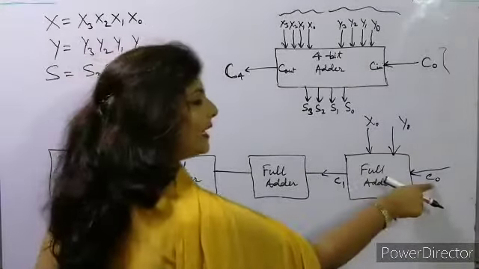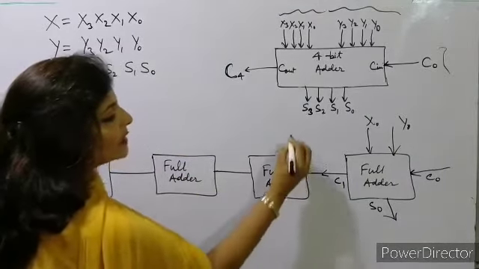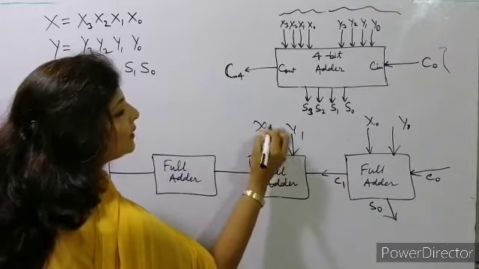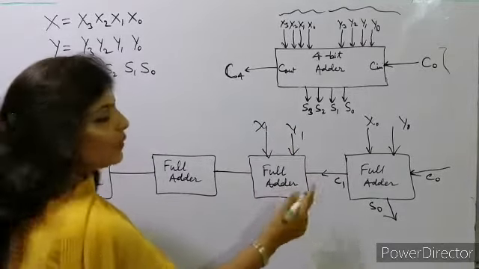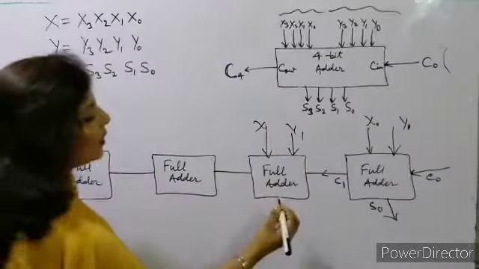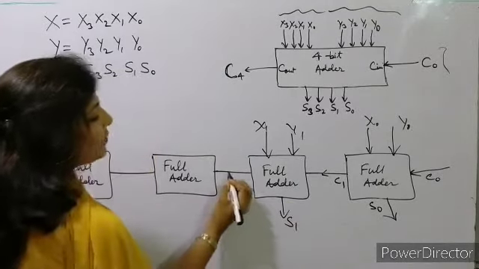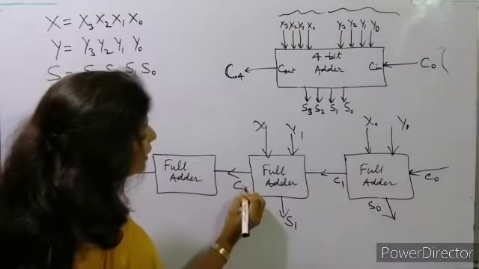This is carry in, this is carry out. Now c1 will act as carry in in this case, so there will be y1, x1. So x1, y1 and c1 will be the 3 inputs for the second full adder, with output s1. Again the carry out will be c2.